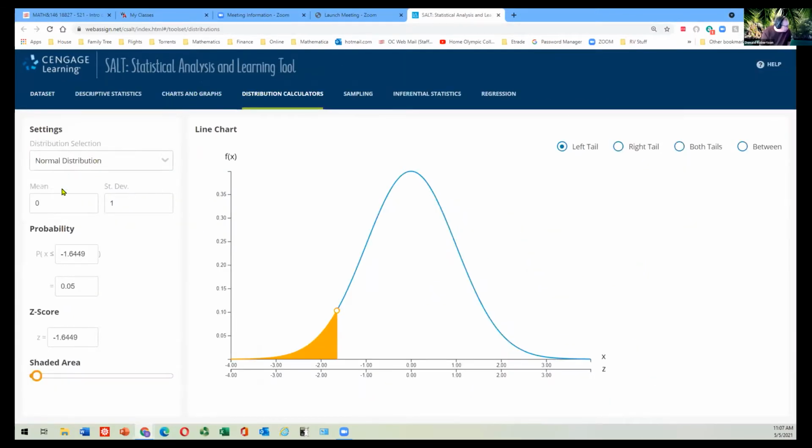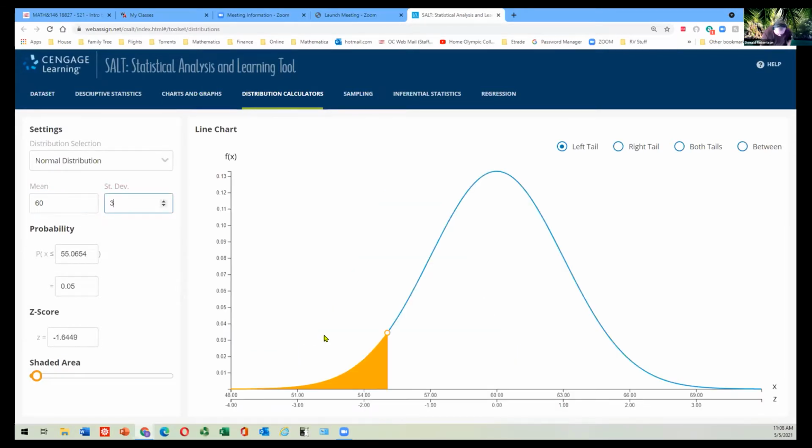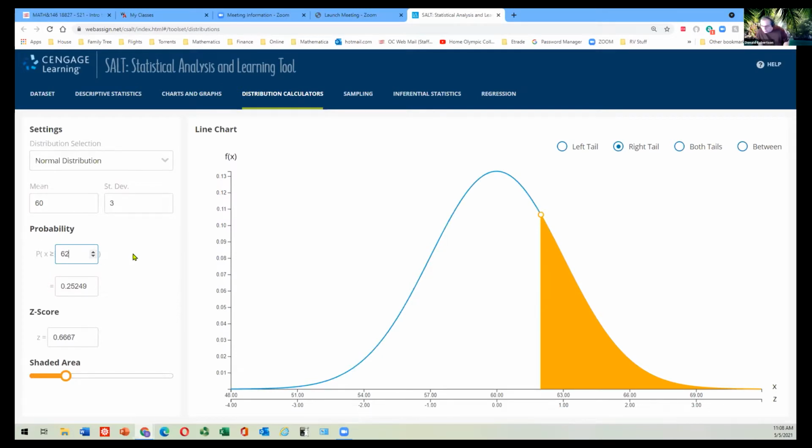Now, normal distribution, check. In this country, the average height was 60 inches and the standard deviation was 3. And the first one I wanted was bigger than or equal to 62, right-tailed. Can you imagine in a homework situation or in a test situation, all I will get is the final answer here.